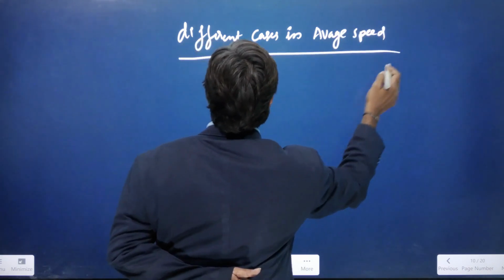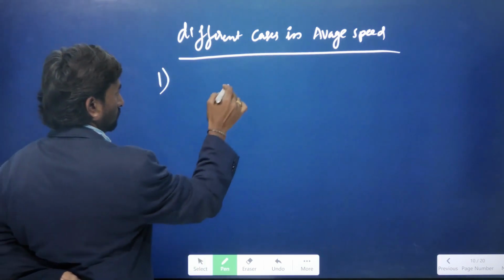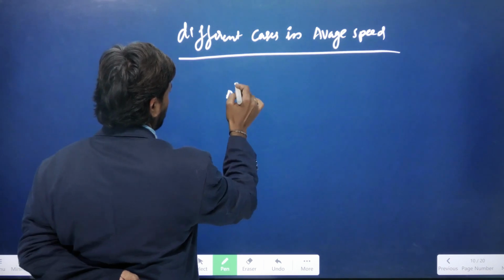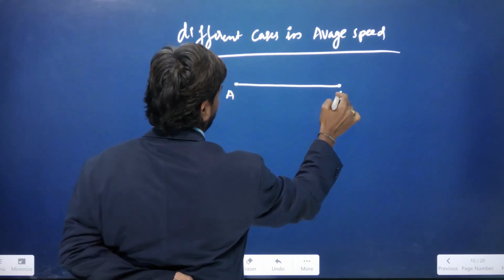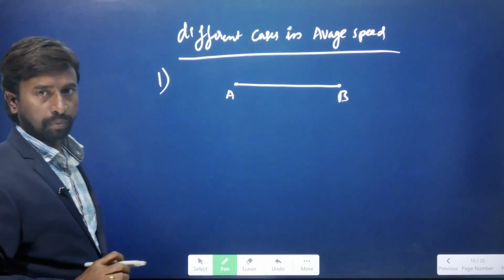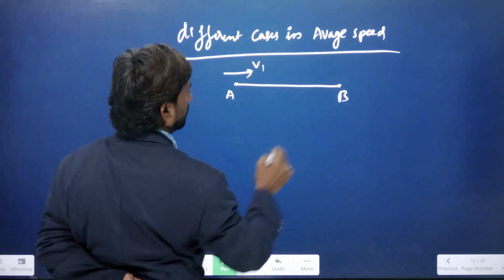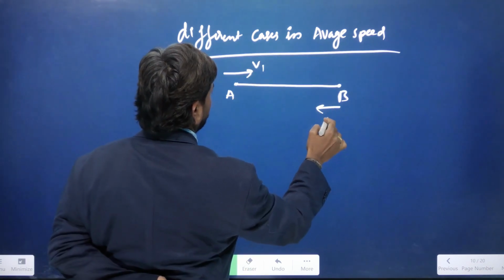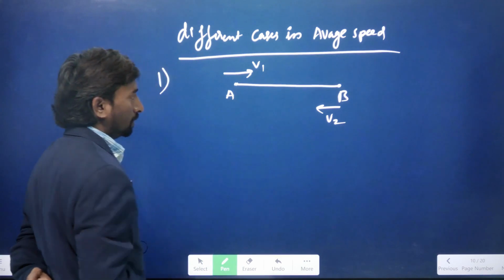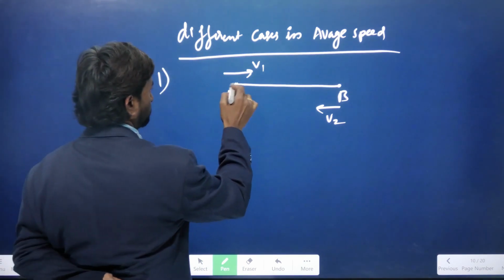Suppose a body travels, first case, between A and B. It has a journey between positions or places A and B. To travel A to B it takes speed V1, and from B to A it takes speed V2. Then we'll get the average speed of the body.